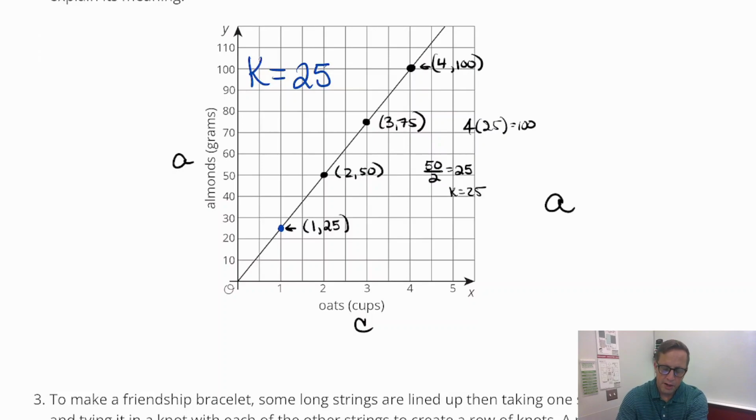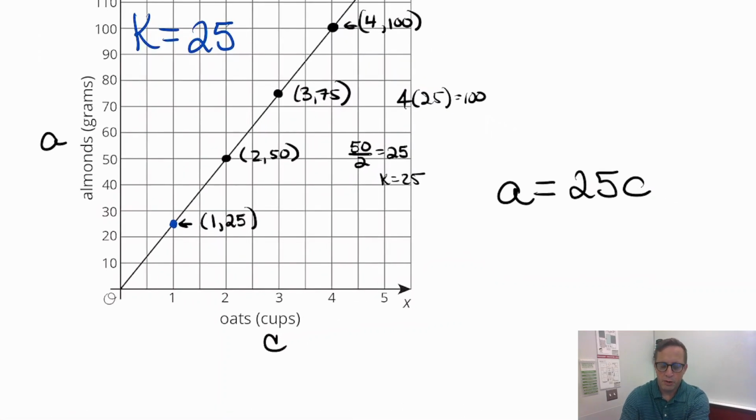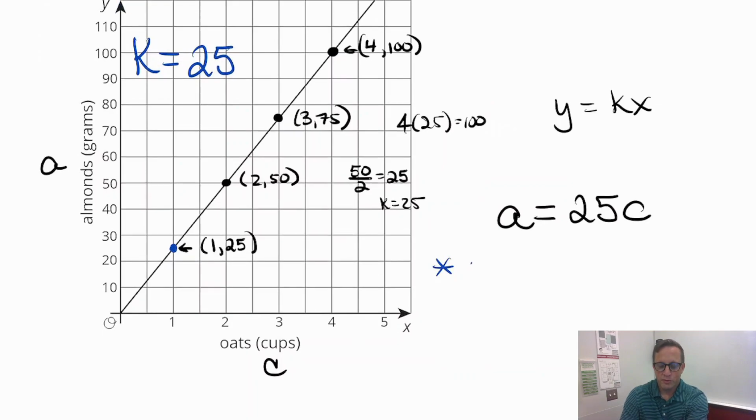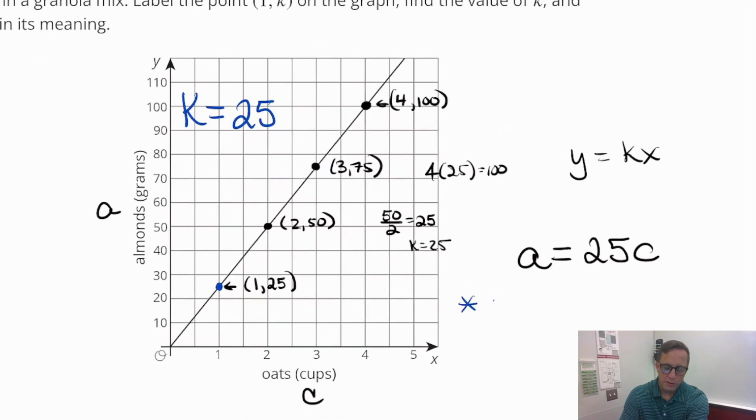So almonds equal 25C, putting it in that y equals kx form. Now it's easy to put that in words. Almonds is equal to 25 times the number of cups. So the number of grams of almonds is going to be 25 times the number of cups.